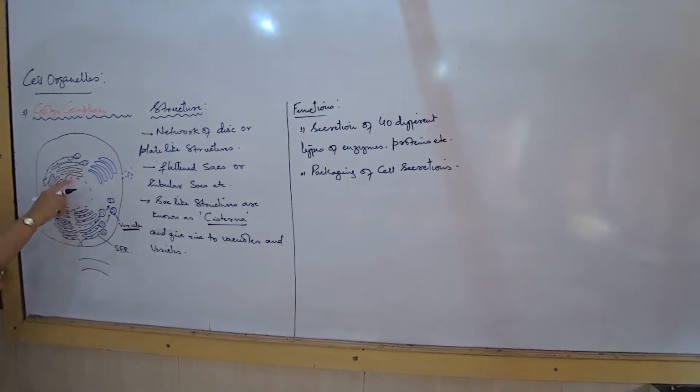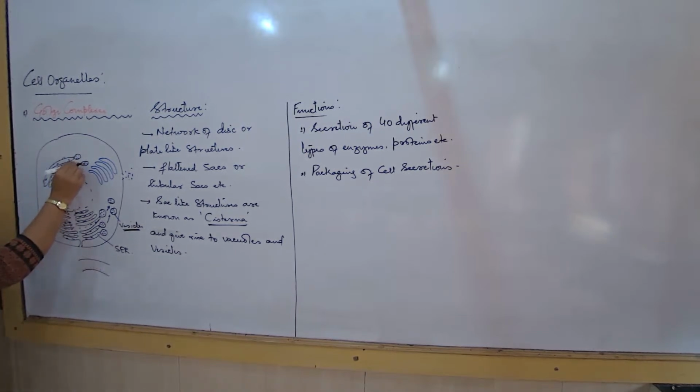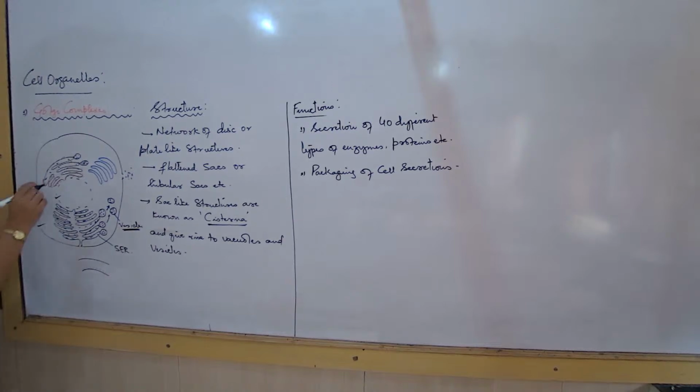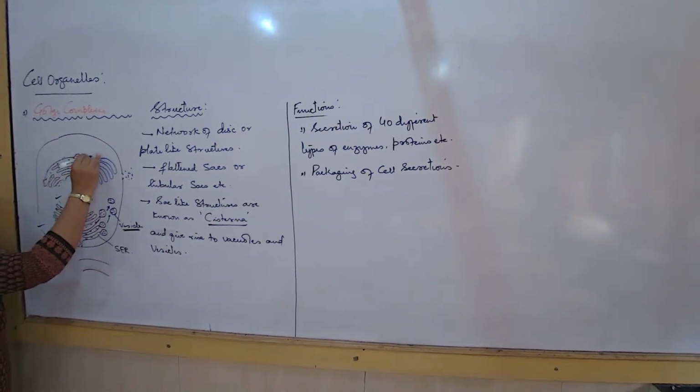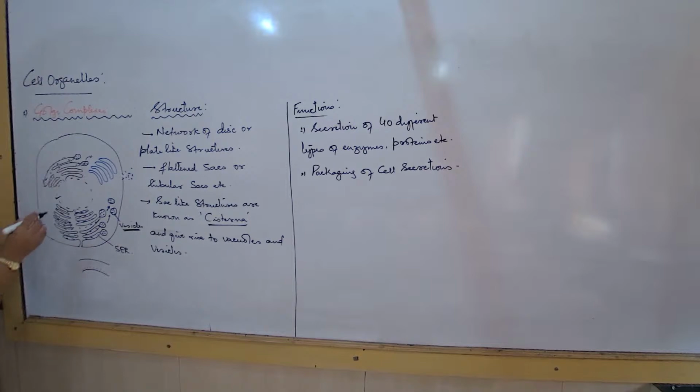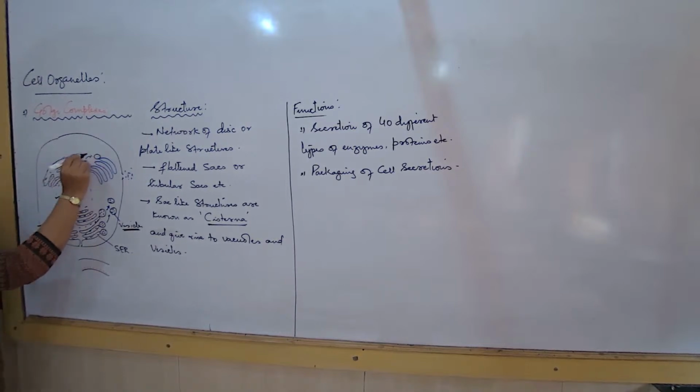What type of endoplasmic reticulum is this? Rough. So now this vesicle is supposed to contain what? Proteins, no? So these proteins will move towards the Golgi. It comes and fuses with the Golgi.